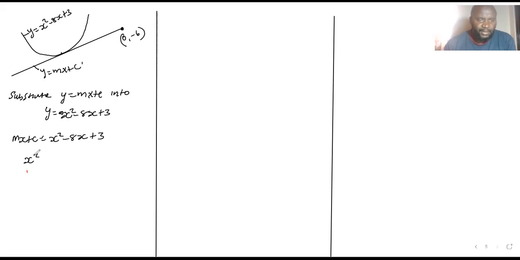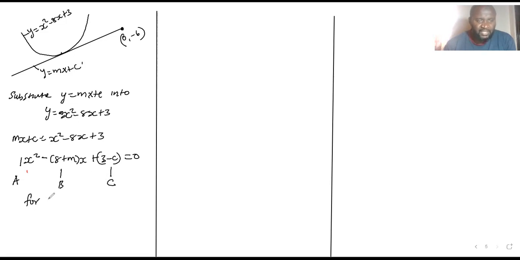So x² - (8 + m)x + (3 - c) = 0. Remember, if you look at this as a quadratic, this will be capital A, this will be capital B, this will be capital C.